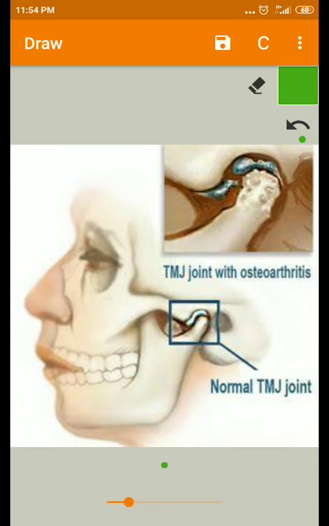Here the hypermobility shows some symptoms, like the jaw goes out of place and produces some noises or catches when the mouth is in the fully opened position.